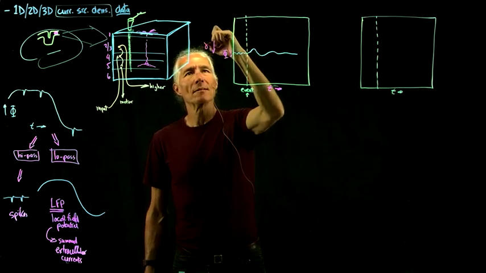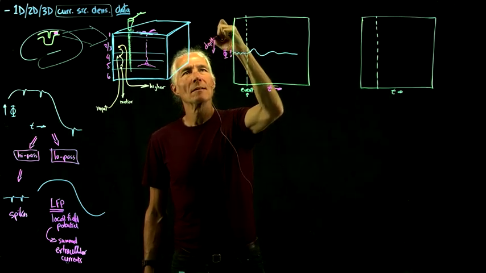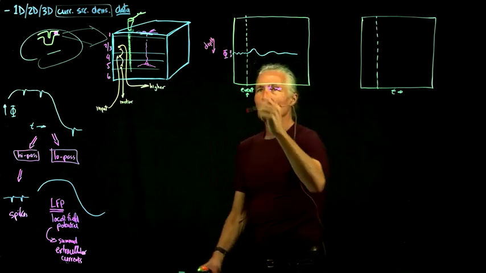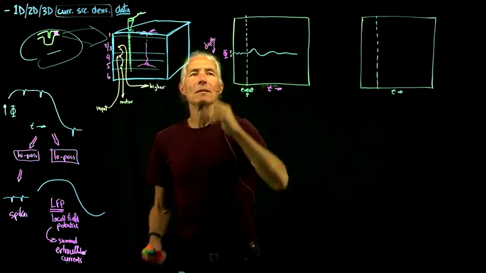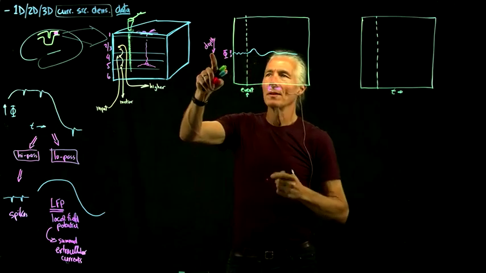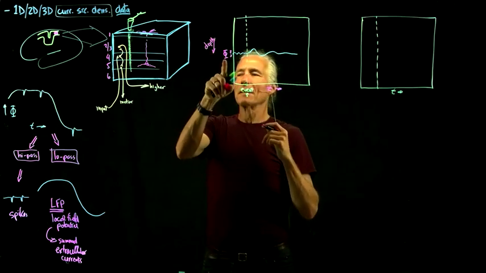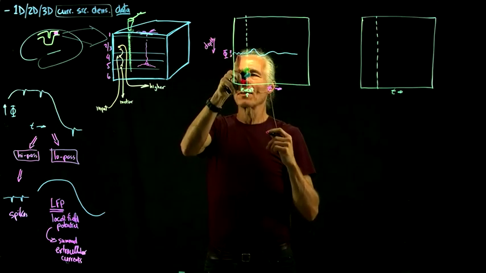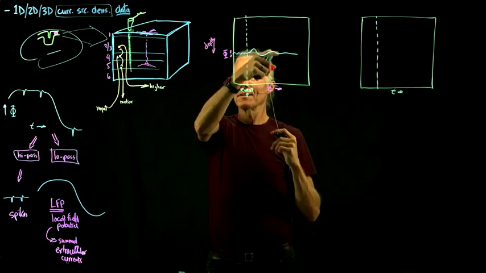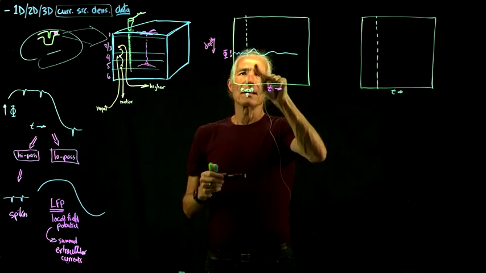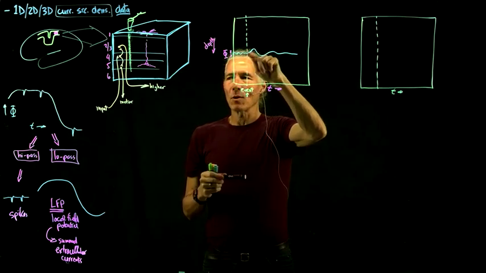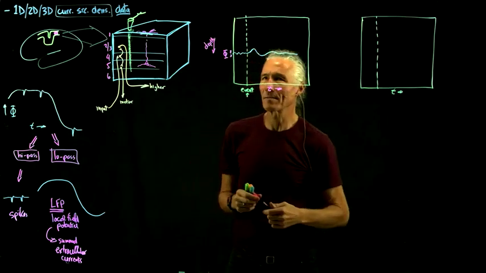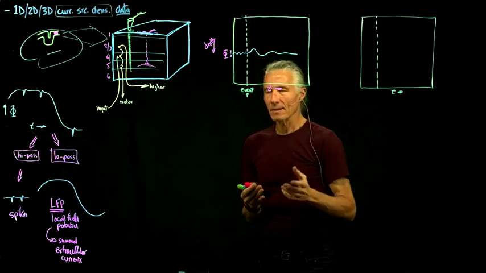So that's what we're doing our current source density over. So depth by time, and then at each depth we've got this recording of what the potential was, positive or negative, because it can be positive or negative.